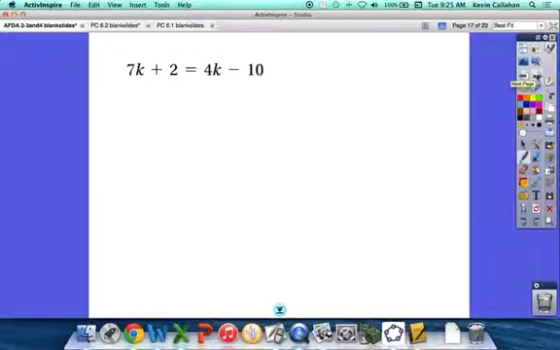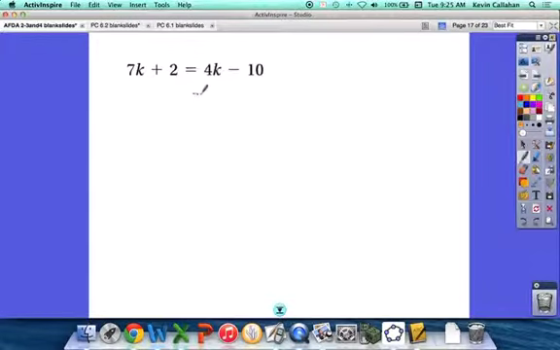Okay, is there any combining of like terms to do on this one before we start moving things side to side? The question was, are there any like terms on the left? Any on the right? So we can start moving. Which term are we going to move first? The smaller of the two variable terms, which is 4k. How do I cancel a 4k on the right?